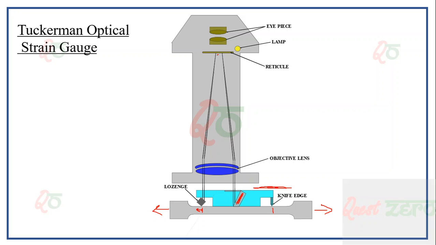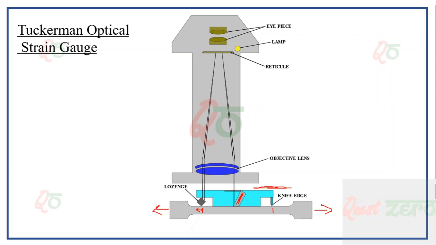Now the light will be received at a different point on the reticule. By adjusting the position of the markings on the reticule, you can easily say that so much deformation has occurred on the test specimen. So the rays will come from the light source, which is the lamp.